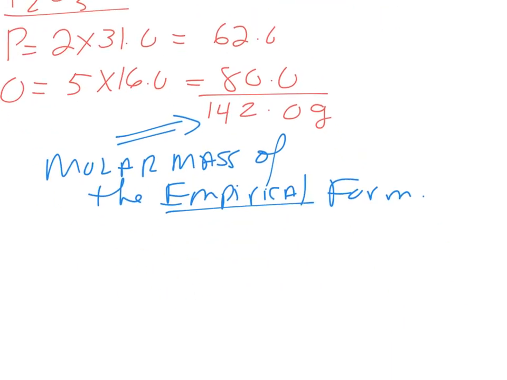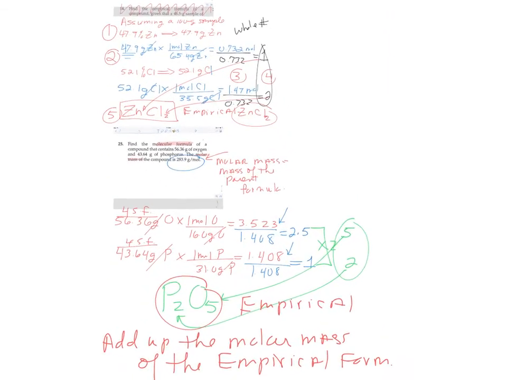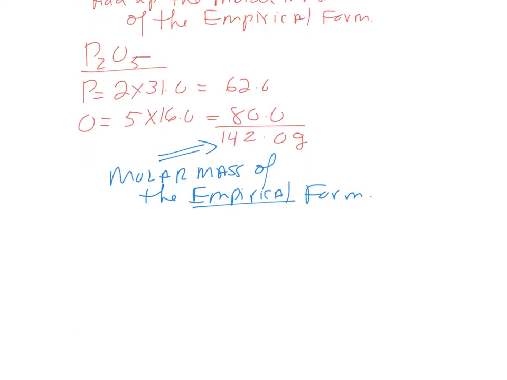Well, this empirical formula came from a bigger type of molecule that we call the parent. So this P2O5 is going to fit some whole number amount of times into this number 283.9.